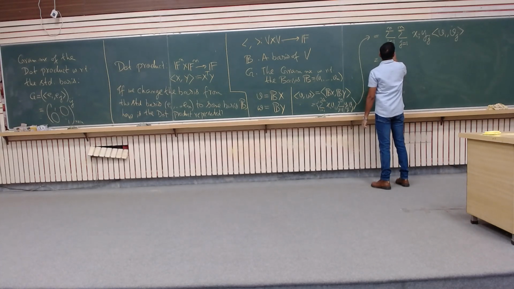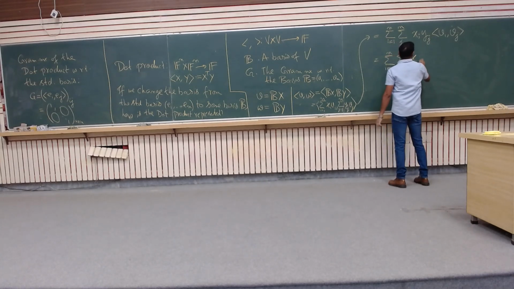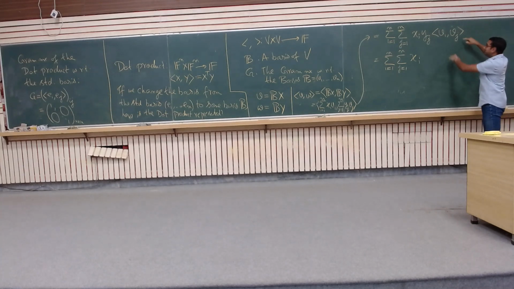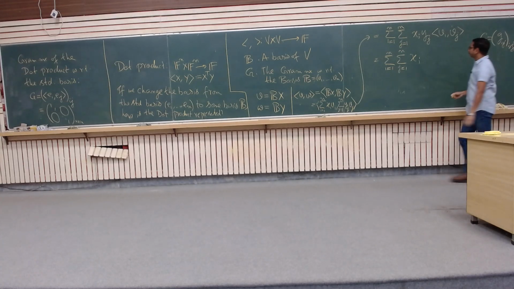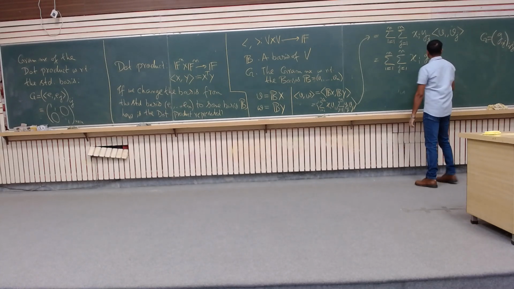Summation i running from 1 to n, summation j running from 1 to n again, xi. Now, we will write the ijth entry of the gram matrix. So, suppose G is say Gij. I will just put Gij instead of vi vj. So this is just Gij yj, right?